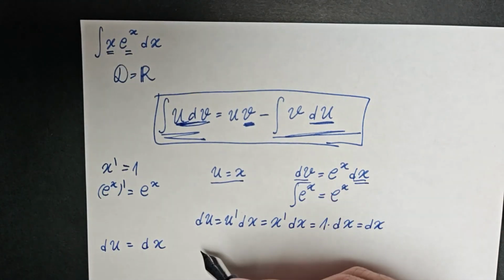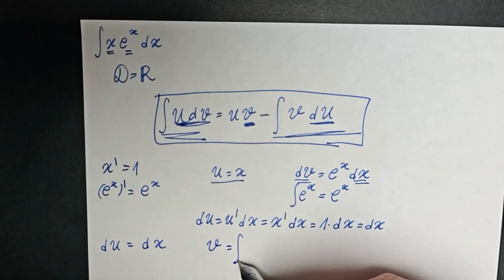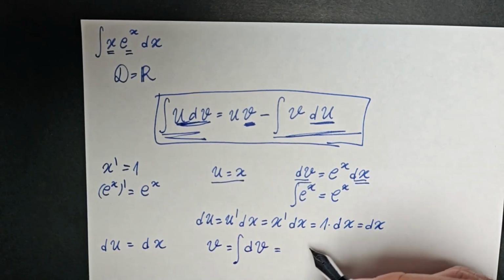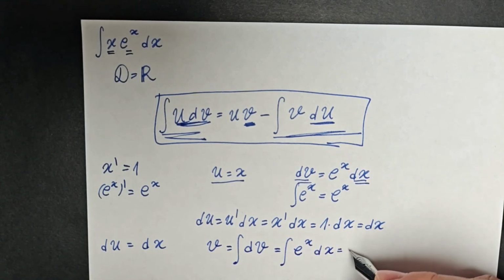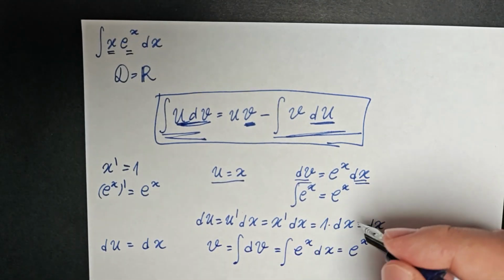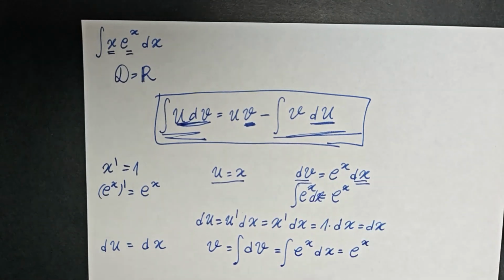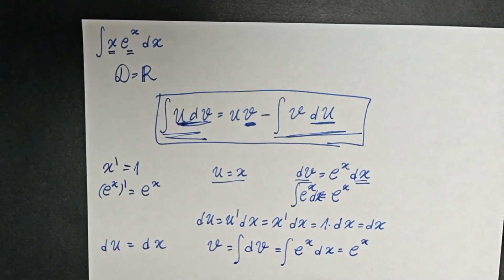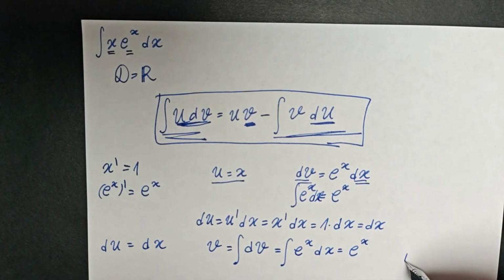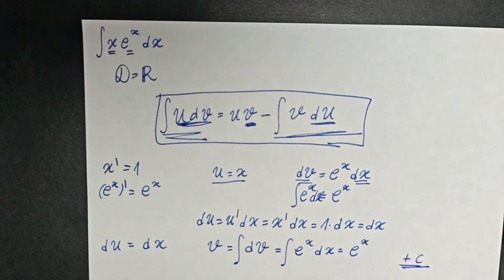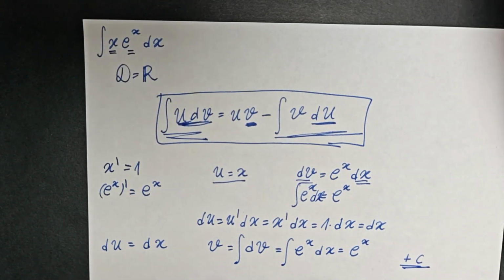In order to find v, we are going to integrate the differential of v. That is an integral of e to the power x dx, and that is just e to the power x. I forgot dx here. When solving indefinite integrals, you remember that we have always written down that plus c constant at the end. We are not going to do that here.